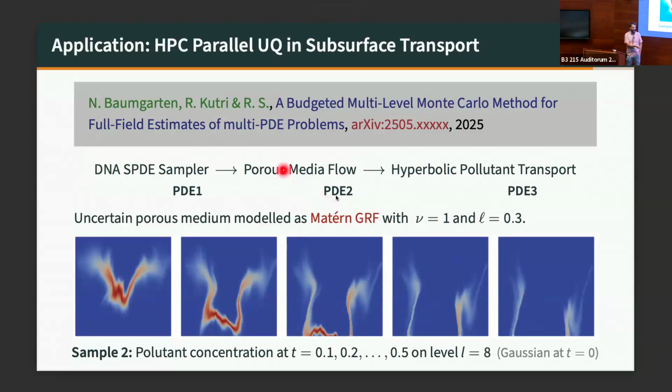So you need to sample with our DNA solver on an SPDE, then we need to solve a PDE for the flow field, and then we need to solve a time-dependent PDE for the transport. And there it really made a huge difference for efficiency. I have a few slides. If somebody wants to see later, I'll show them later. Thank you very much.